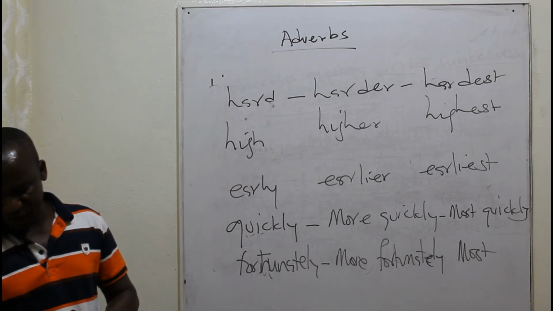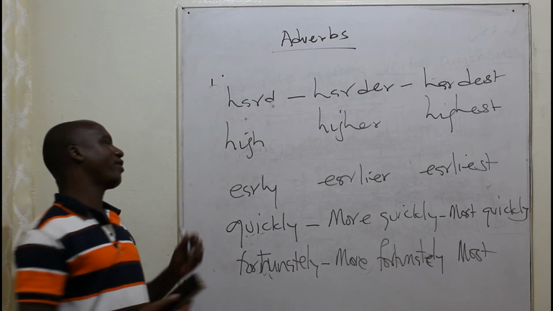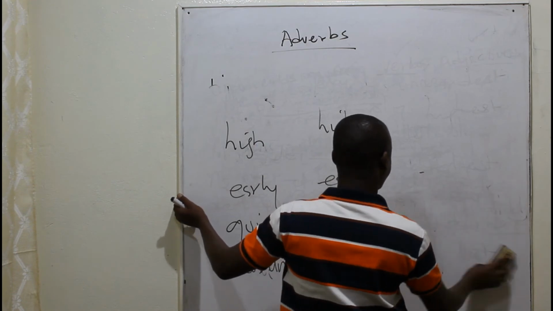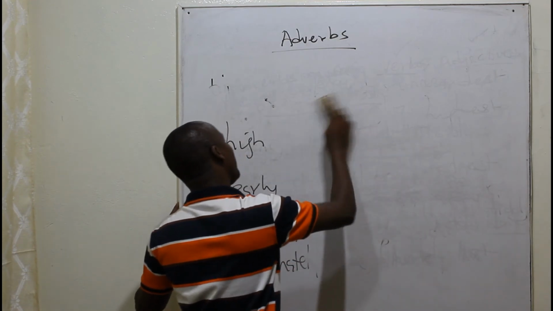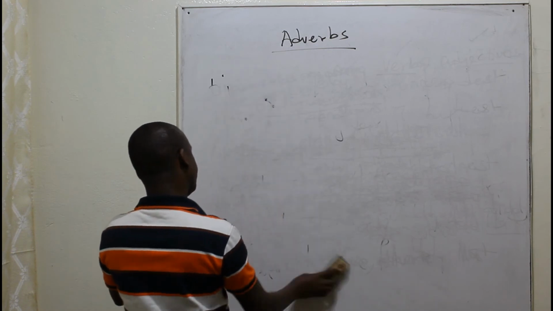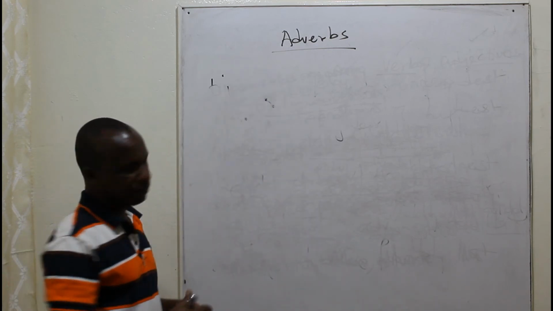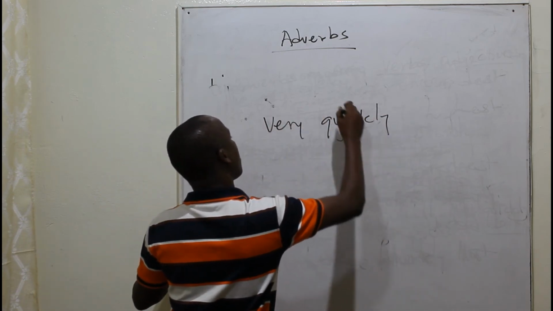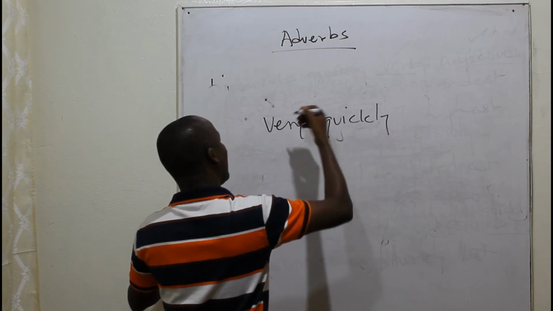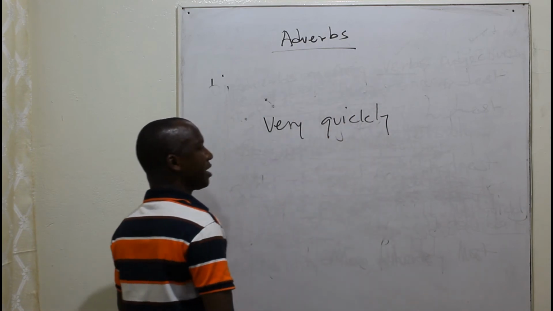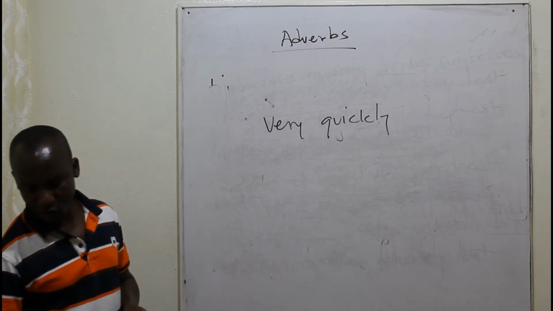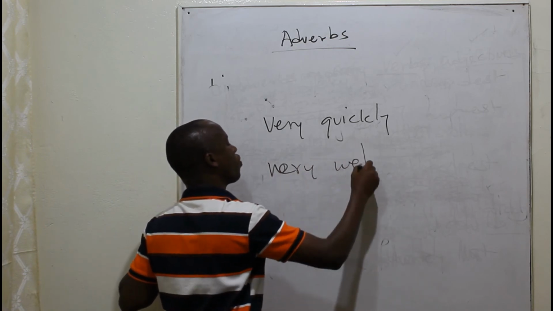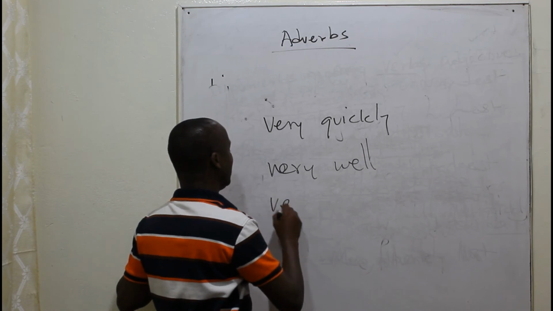Then we can talk of adverb phrase. And when we talk of the adverb phrase, we are talking of where the adverb is the head word. For example, we can talk of very quickly. And here they are adverbs. And so when the adverb is the head, then it becomes adverb phrase. Or you can write very well or very badly.